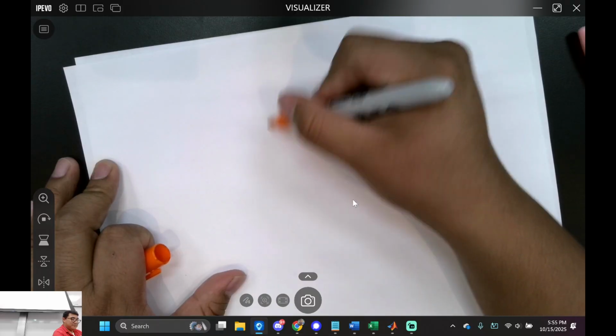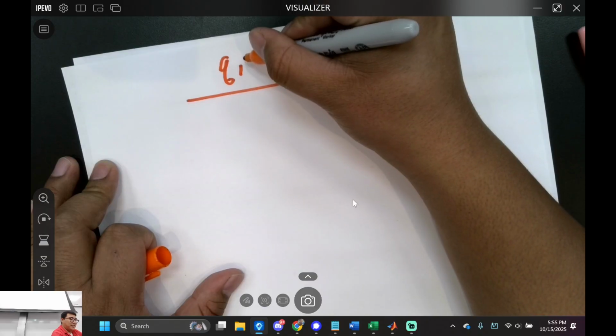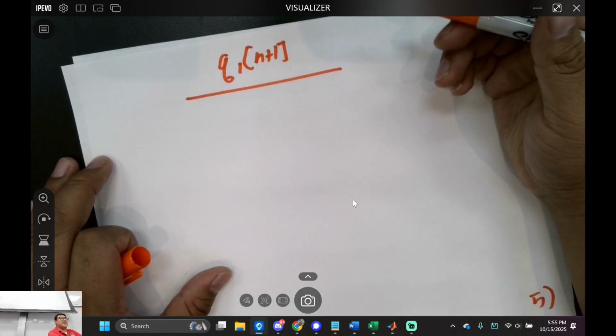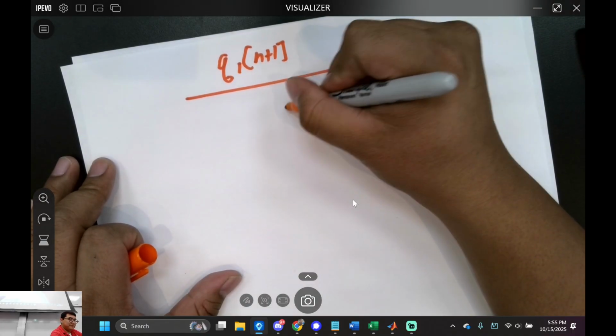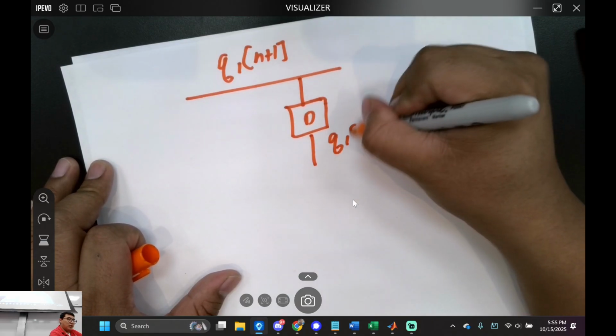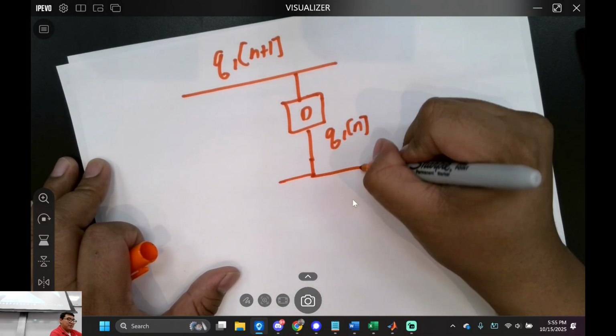Let's write it bigger. Is anyone mad if I do this? Q1 of n plus 1, right? That's our next state. We're trying to predict that, right? Our delay, Q1 of n. Is that understood? Now I do my branches.